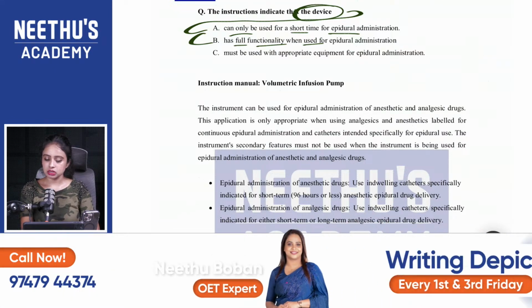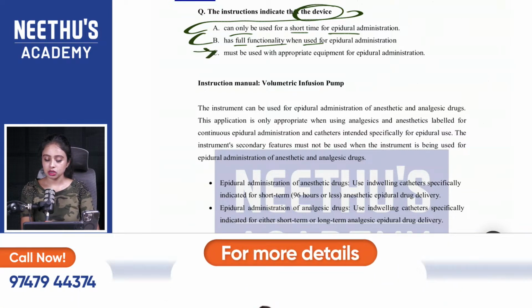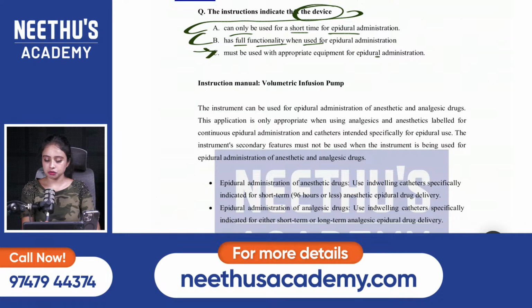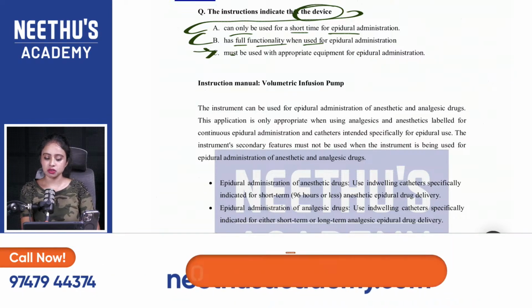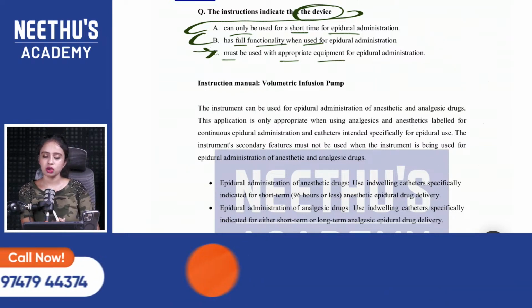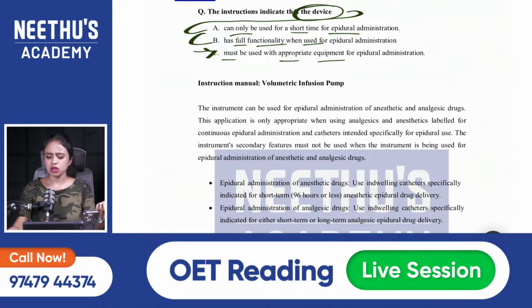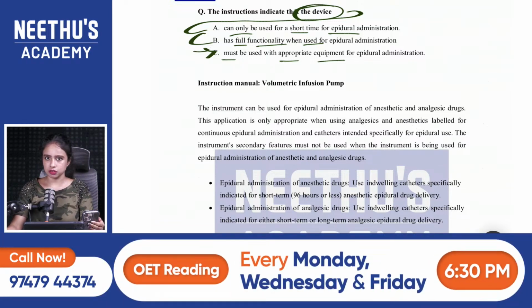Option C, the instructions indicate that the device must be used with appropriate equipment for epidural administration. So my keywords are must, appropriate, equipment. So these are my keywords from the options. And it is very important to underline keywords from the question as well, but you already know how to underline the keywords from the question.